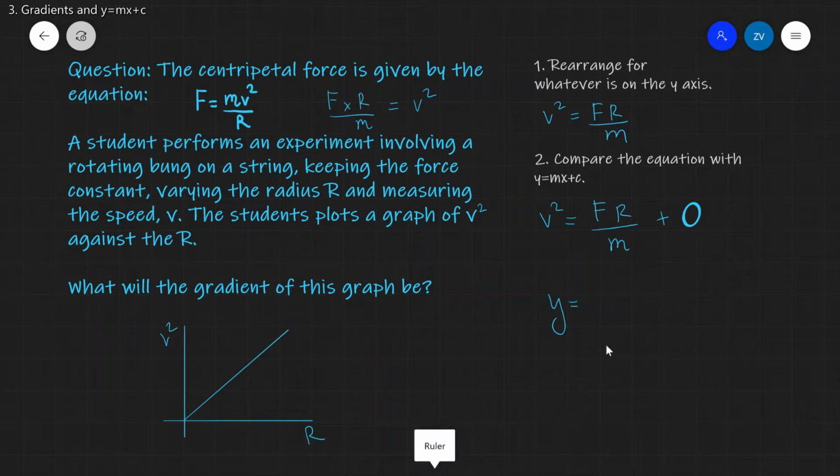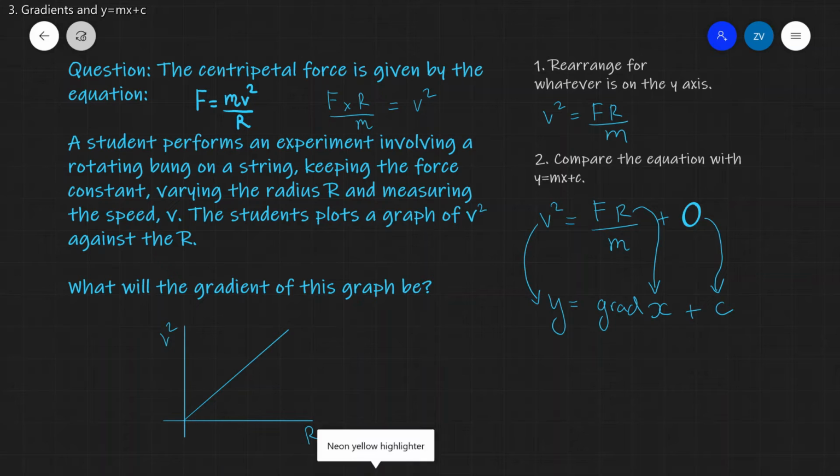However, because I'm already using the symbol m for the mass, I'm just going to write gradient times x plus c. So if v squared is on the y-axis, if r is on the x-axis, if my intercept is 0, well, this means that everything else that is multiplying the x-axis will be the gradient.